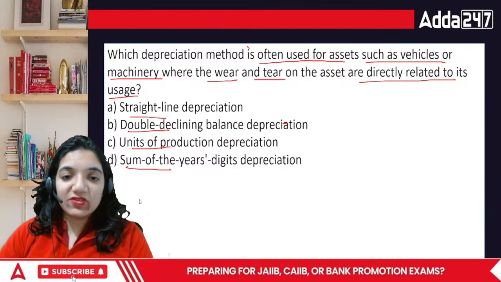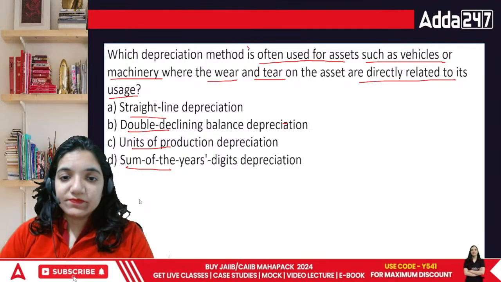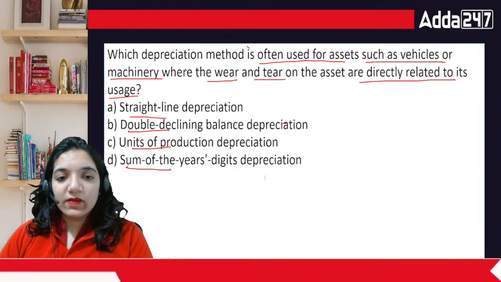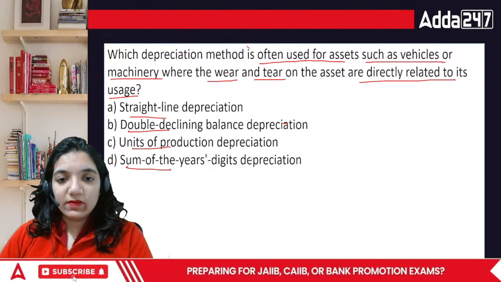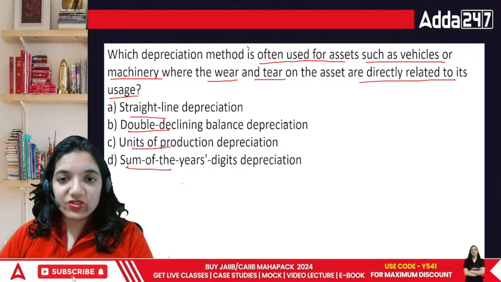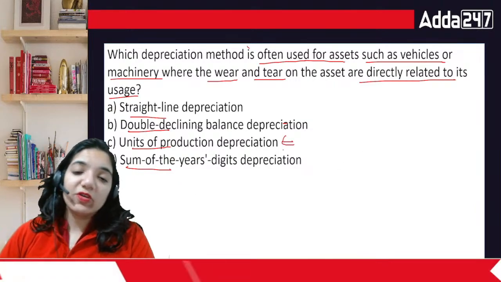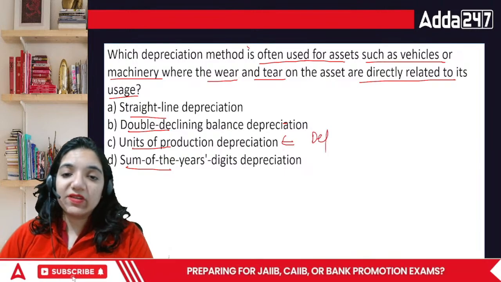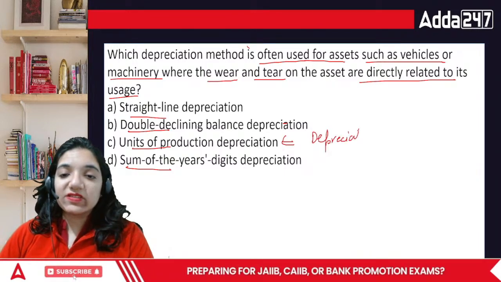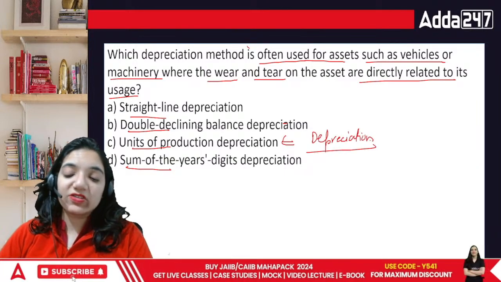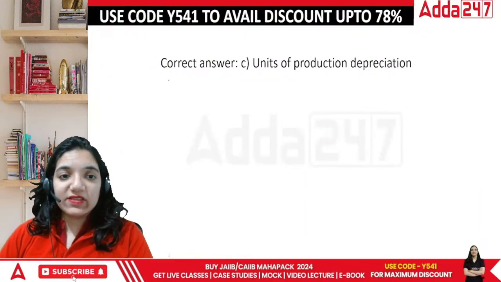So what's the answer according to you? When we talk about the answer to this question, we're talking about usage. It is units of production method. The more you produce, the higher will be your depreciation, because this is based upon units of production. The answer is C, everyone.